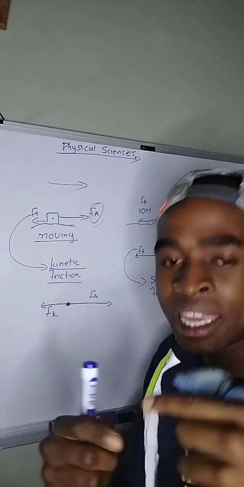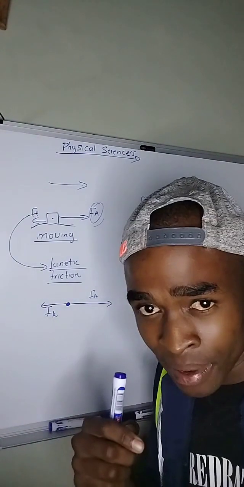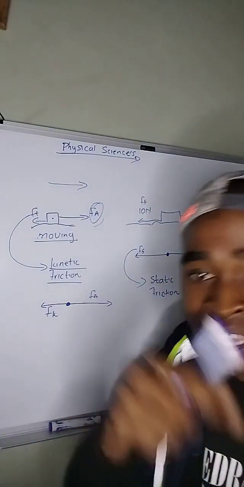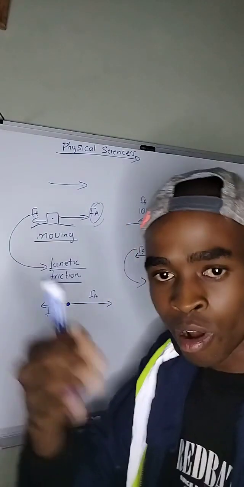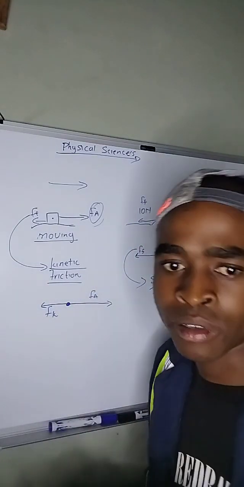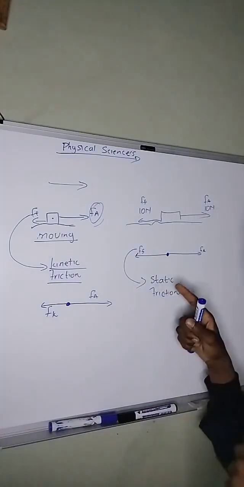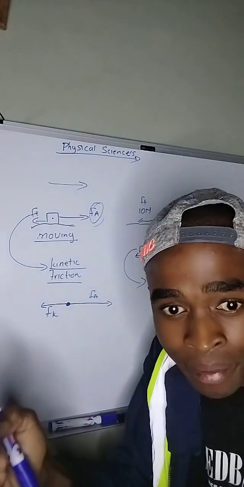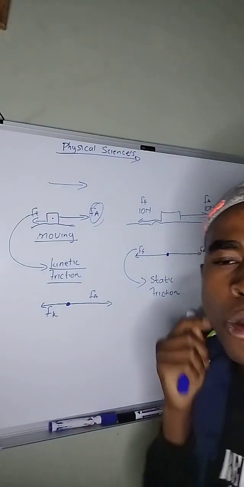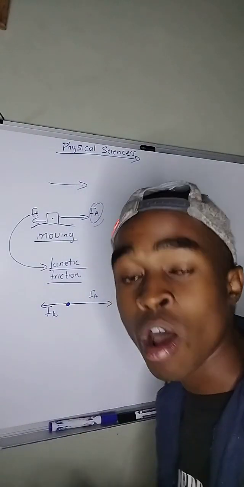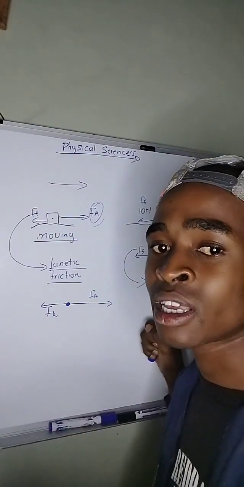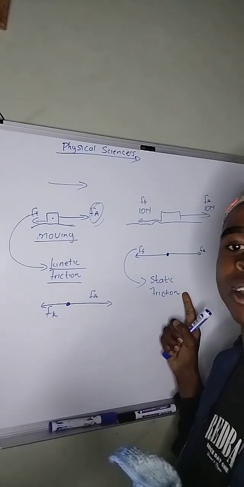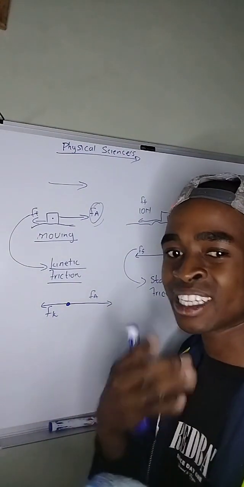That's why we say it's a minimum force that opposes the motion of the moving object relative to the surface. And when we come to this one, we are saying it's the maximum force that opposes the motion of a... I'm starting the definition.